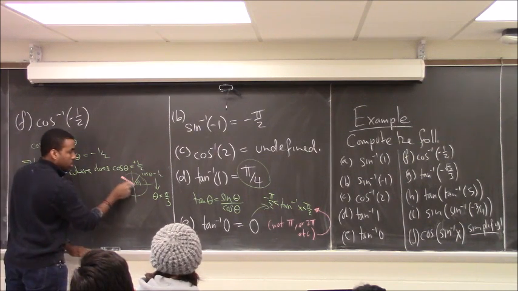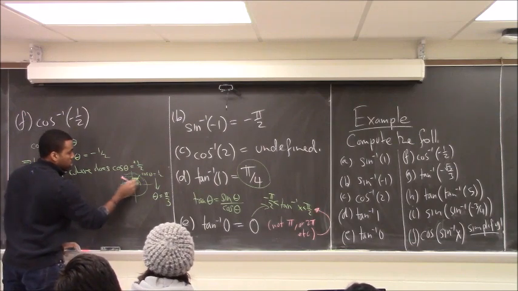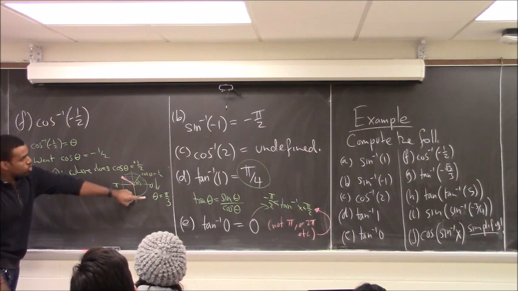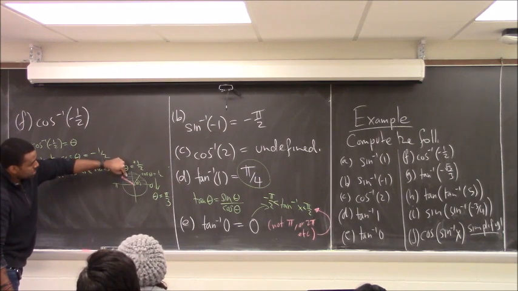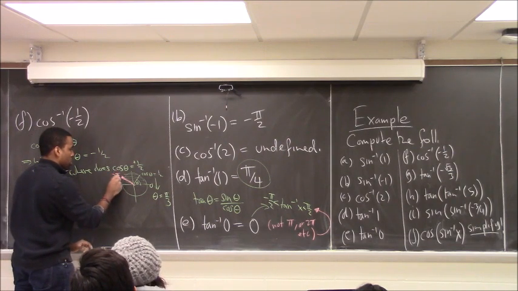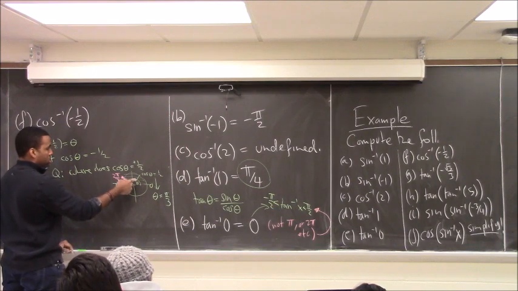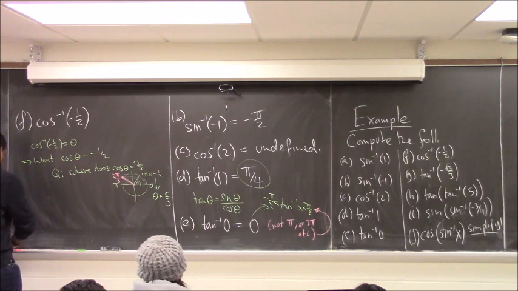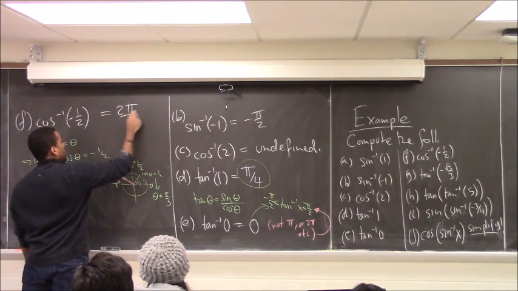Well, this one. Because remember your inverse cosine works between 0 and pi. So you want the equivalent of that angle in the second quadrant. Now what is that? Well, that's going to be 2 pi over 3. Because that's 1 pi over 3, 2 pi over 3. Just count off the slices. And so this is going to be 2 pi over 3.